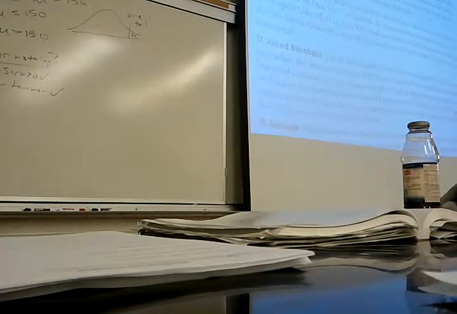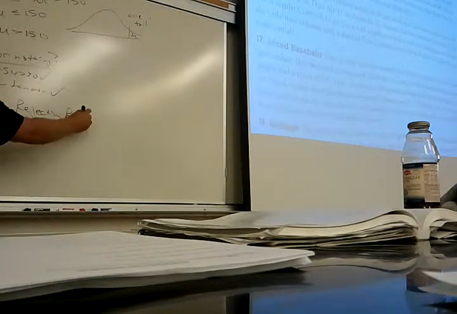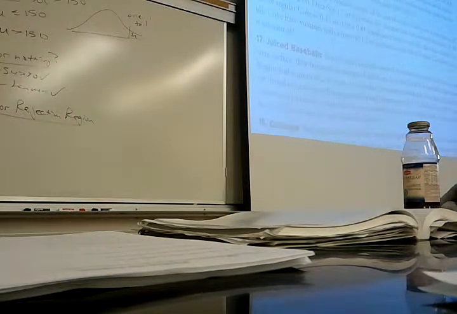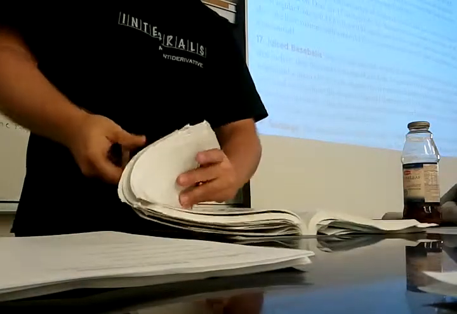Let me title this: the critical or rejection region. Cool? So alpha is 0.05. How many tail tests? One tail test. We're allowed to use Z's.